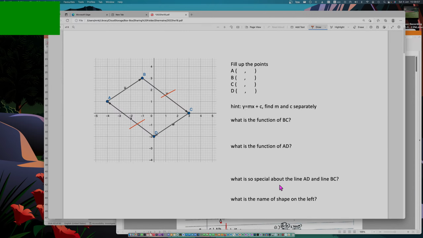So MAD is equal to MBC. M means gradient, so gradient AD is equal to gradient BC. So line AD is equal. 这是什么？Parallel. Yes.